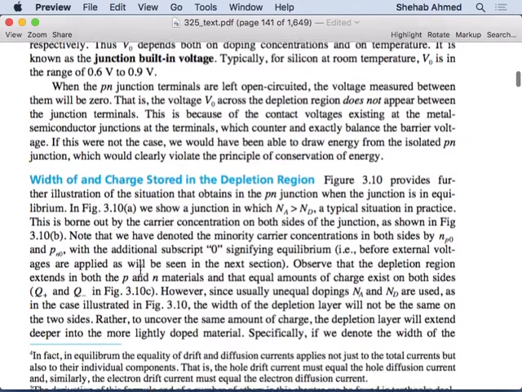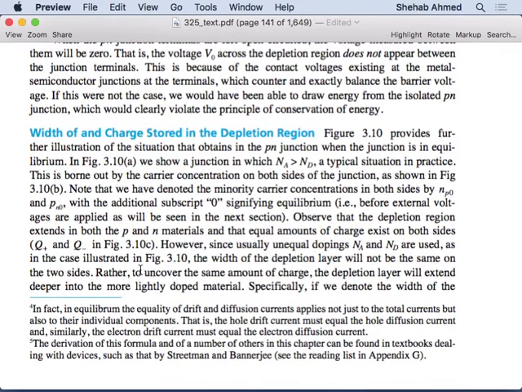I will skip this section, but basically here what they're saying is that, remember we talked about the mobility and diffusivity of holes and electrons. Mobility and diffusivity of the electrons was higher than the mobility and diffusivity of the holes, right? So if I want a certain amount of current to flow due to the majority carriers, if the majority carriers are electrons, they can move easily due to diffusion and drift.